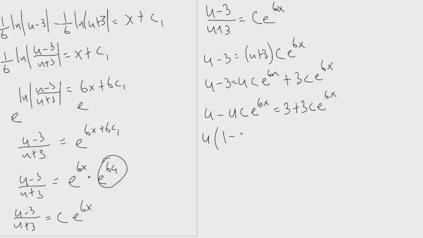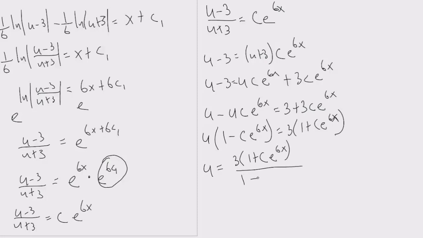So 1 minus c e to the 6x. And let's factor that 3 out. And then we can divide. So u equals 3 times (1 plus c e to the 6x) over (1 minus c e to the 6x).